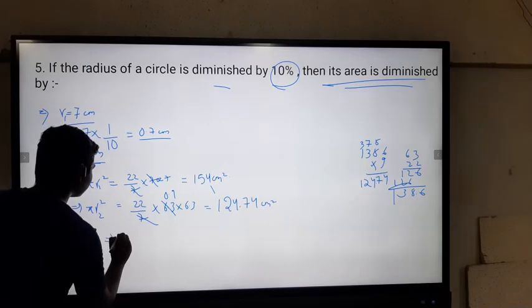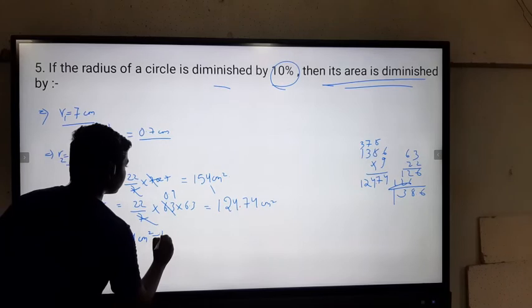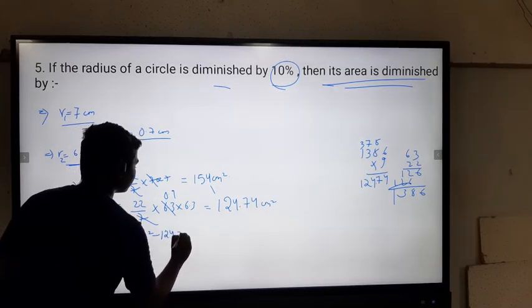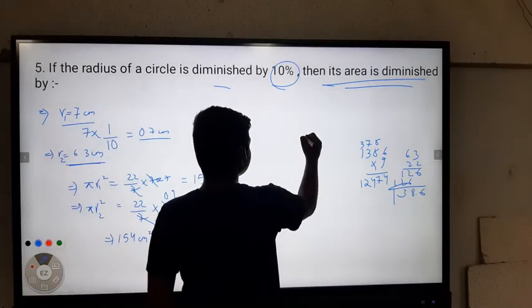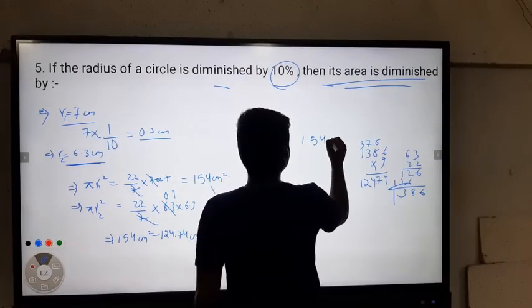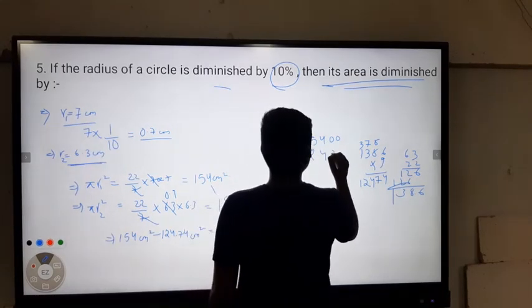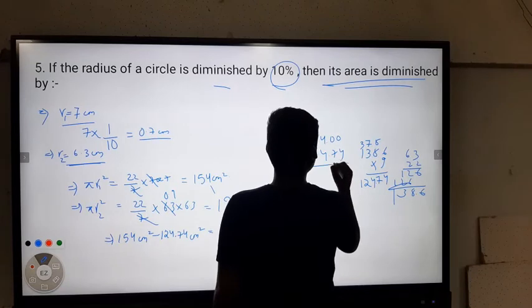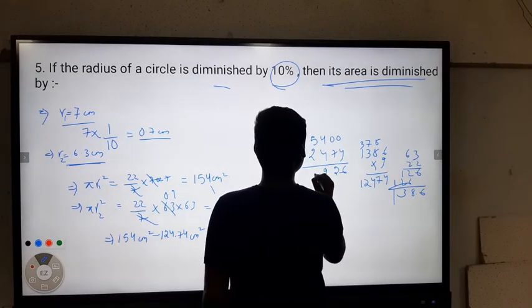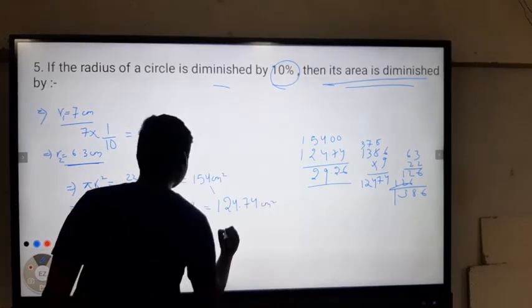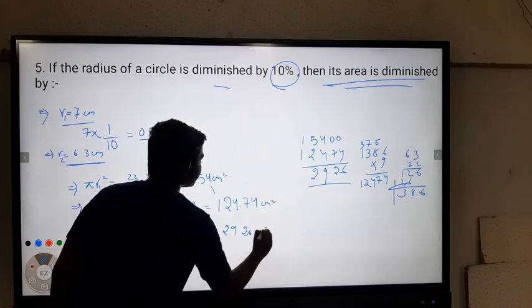We will subtract, and we'll get 29.26. So 29.26 centimeter square is diminished.